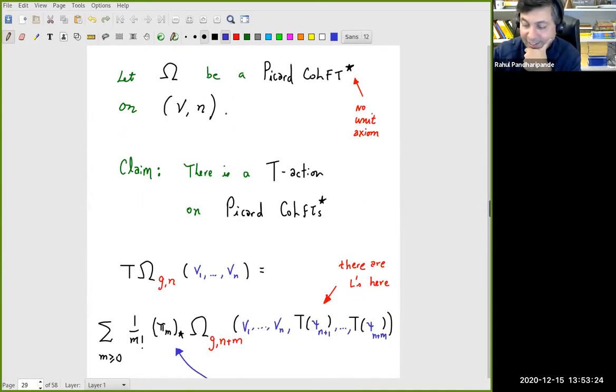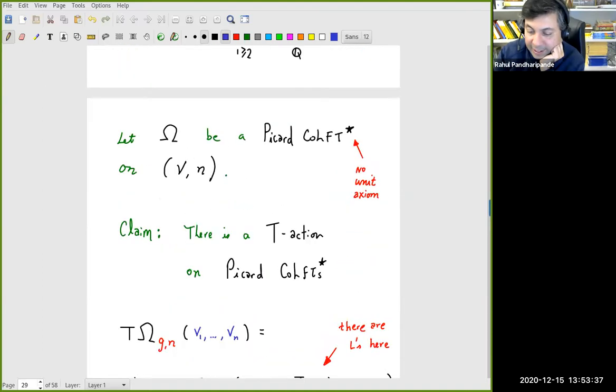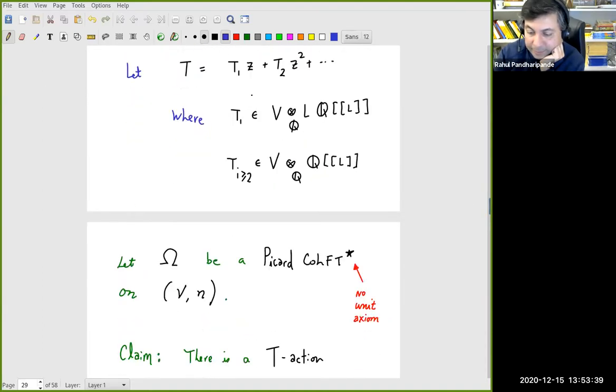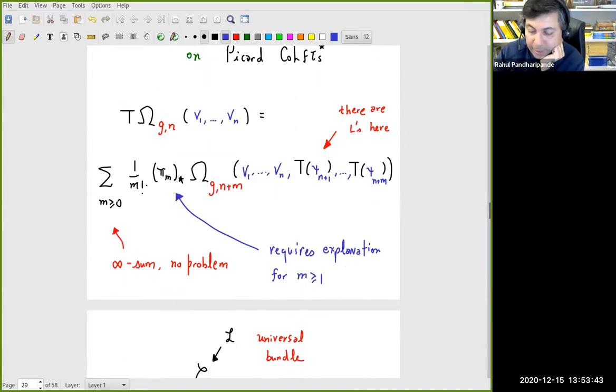So then there's a Picard CohFT with no unit axiom, and there's a translation T axiom on that, and this is how it's defined. This is the same definition as before, but of course there are some twists. So this is how to make a new CohFT if you start with an old CohFT and you have this T, this vector. And the rule is that you sum over all additions of points, and we're going to use the old CohFT on more points.